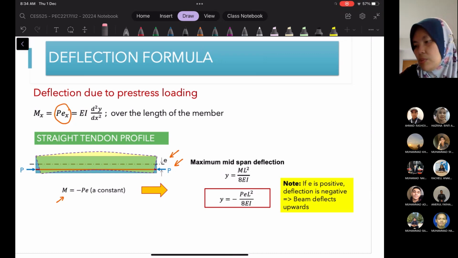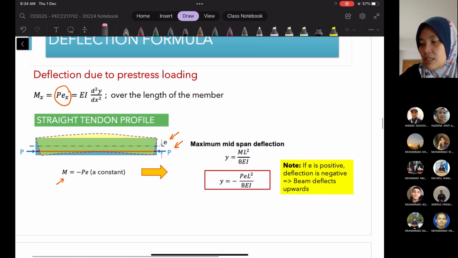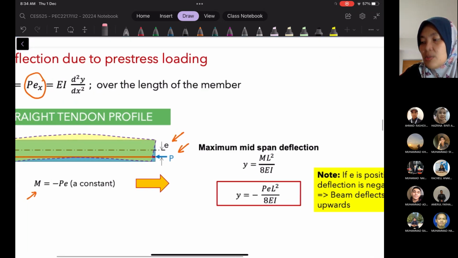So we can also calculate the deformation. So maximum midspan deflection. Then the equation is the moment multiplied by L square over 8EI. Right. So this is the equation in consideration of the moment.